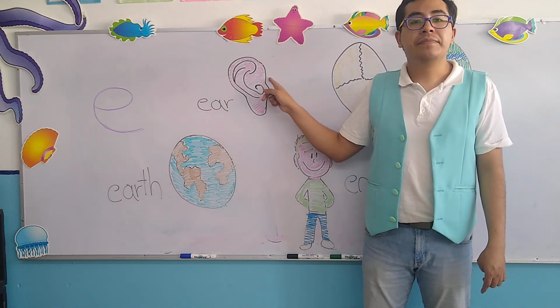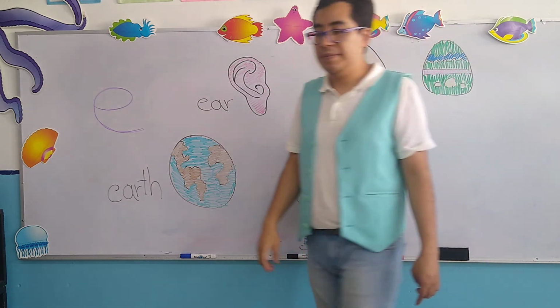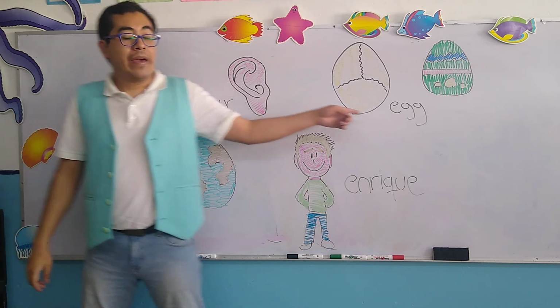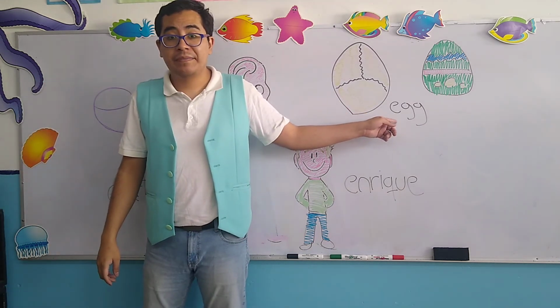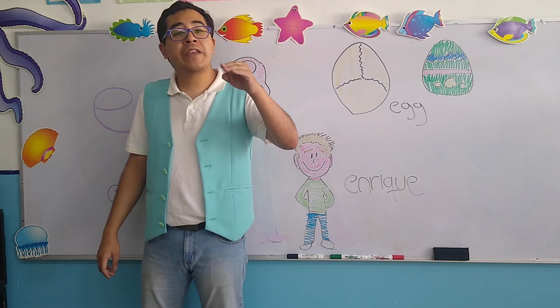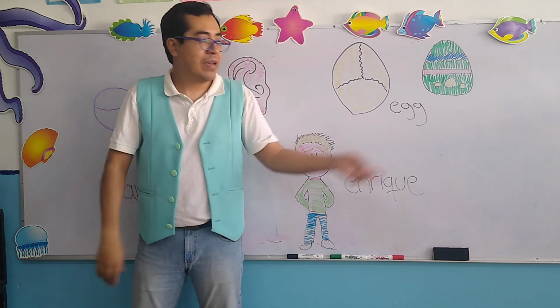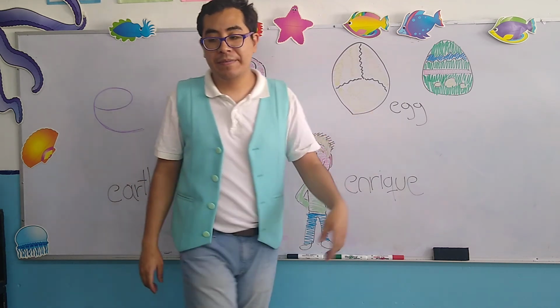Ear. Okay, remember the ear, it's a part of the body. Egg. Remember, we have three types of eggs, but the thing that they have in common is that they look like an oval. Okay, so we have the egg.